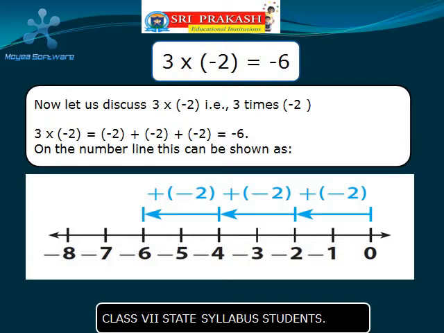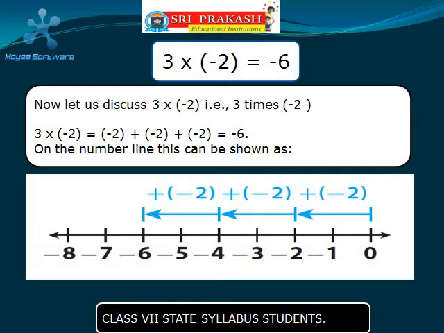So here what we have to do on the number line, we have to take 3 blocks of 2 units each towards the left hand side from the 0. The reason is minus 2.